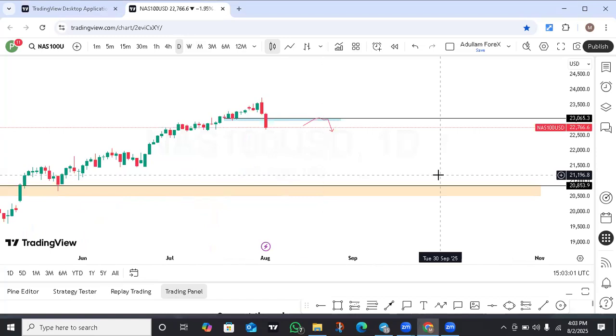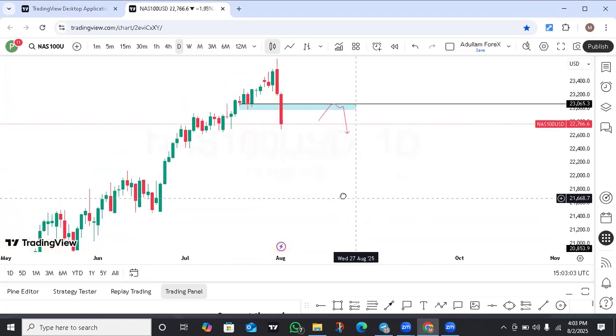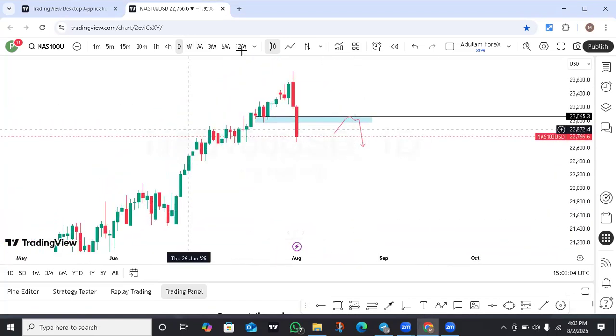To see the daily, we can see that market structure wise on the daily, you see the Dow theory has been breached. The market has been pushing, impulse, correction, creating something like that. But you see the market started getting weak, the buyers getting so weak from this point here until they get here, then you see after the news last Friday, see how impulsive the market was able to drop.